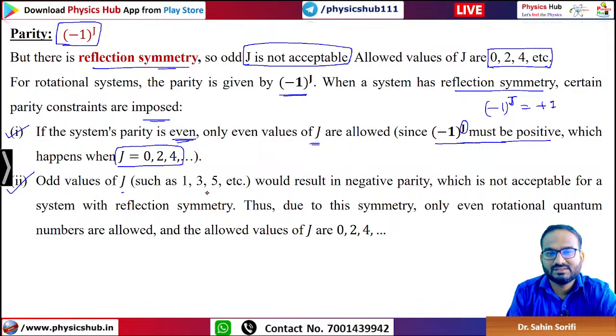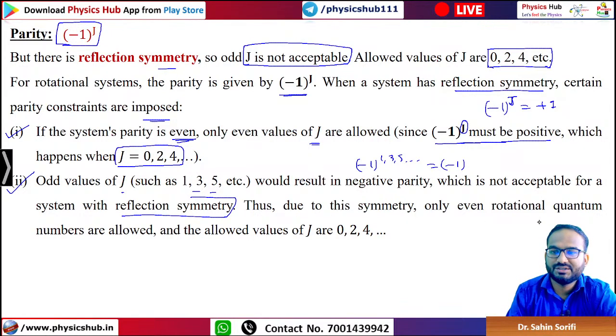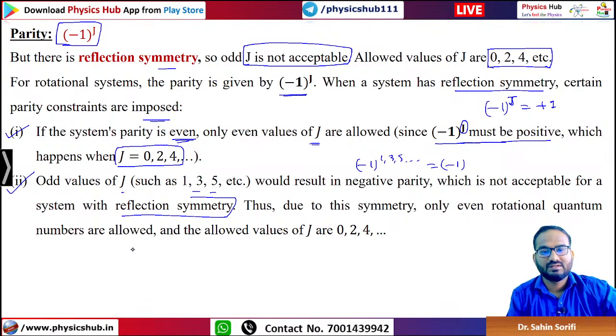Odd values of j such as 1, 3, 5 and so on, you see it will always give you minus 1. That violates this reflection symmetry and would result in negative parity, which is not acceptable for a system with reflection symmetry. Thus, due to this symmetry, only even rotational quantum numbers are allowed.